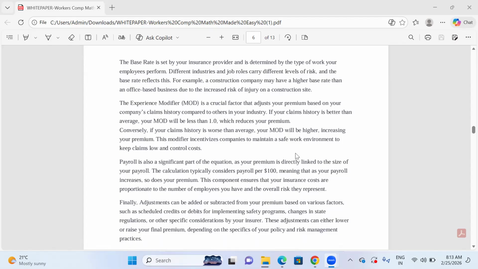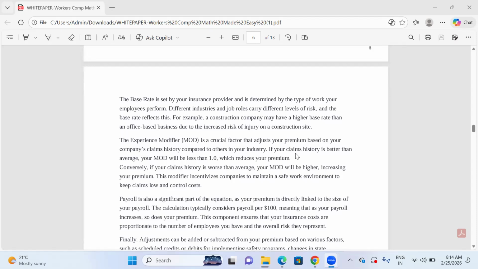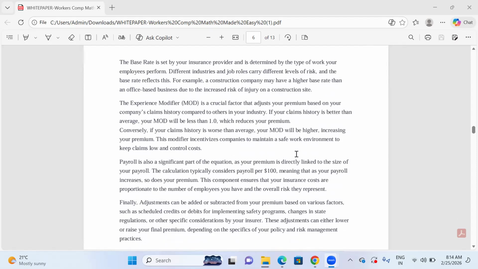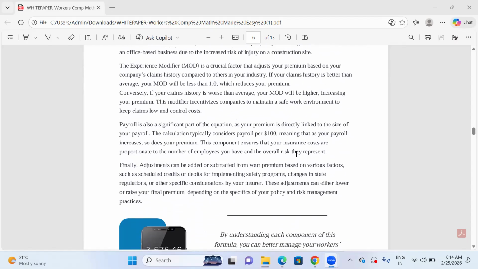Finally, adjustments will be made: any additions or subtractions to the premium based on various factors, like any scheduled credits or debits, or implementing safety programs. Everything will be part of the adjustment. So these are the major areas. Again, I'm repeating: one is the base rate, second the experience modifier, next the payroll, followed by adjustments.